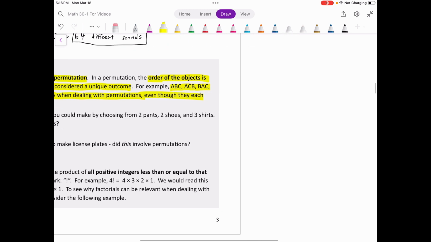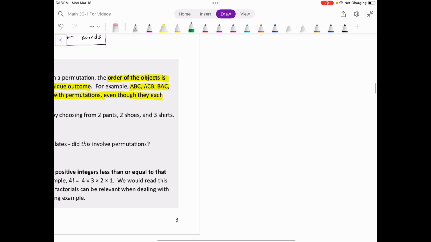Order matters, right? If there's a student and a teacher, if we're talking permutations, teacher on the left, student on the right is considered a different outcome. And that's what a permutation is.